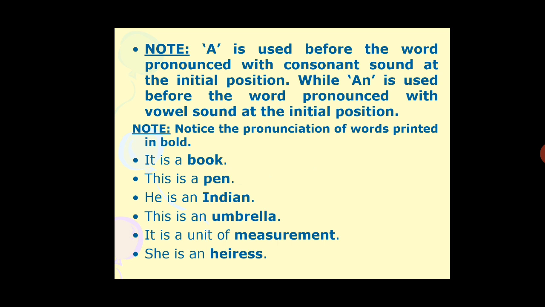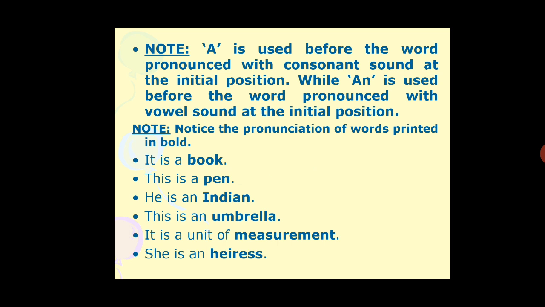An Indian, but here you can see an Indian. Why? Because if you pronounce Indian, the i is a vowel sound, and that's why we are putting an. It is having the vowel sound at the initial position, and that's why we are adding the indefinite article an.